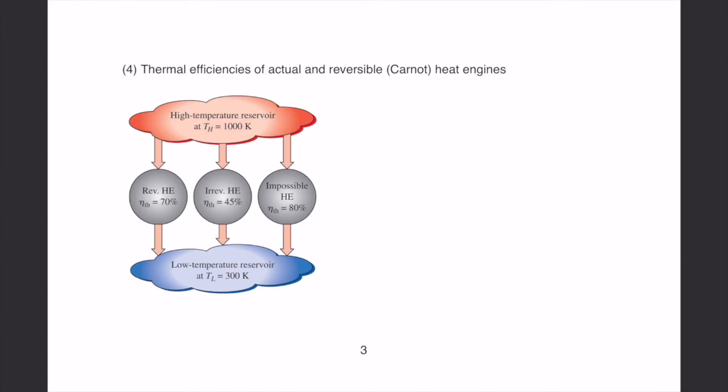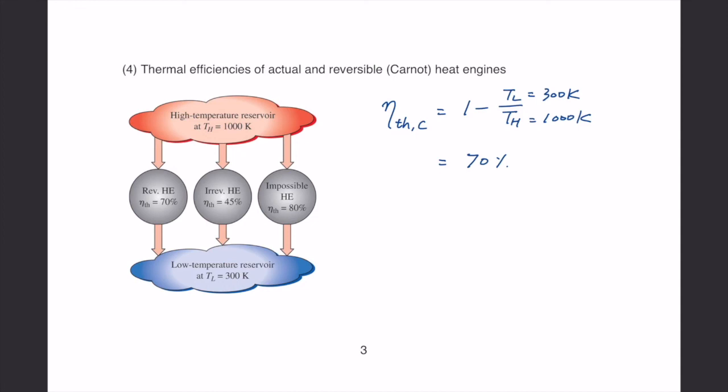In order to calculate that, we use the thermal efficiency of the Carnot cycle, which is 1 minus TL over TH. So from the given values, TL at 300 Kelvin and TH at 1000 Kelvin, the Carnot efficiency gives us 70%. So no matter what heat engine you design, the maximum efficiency is 70%.